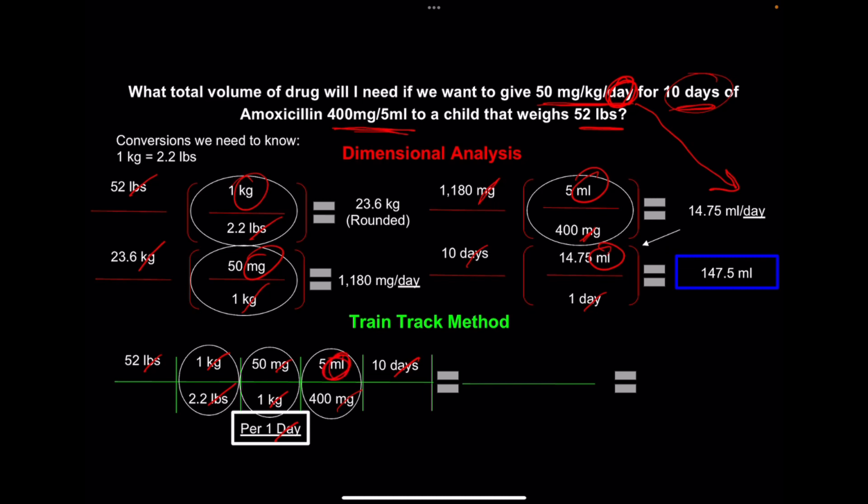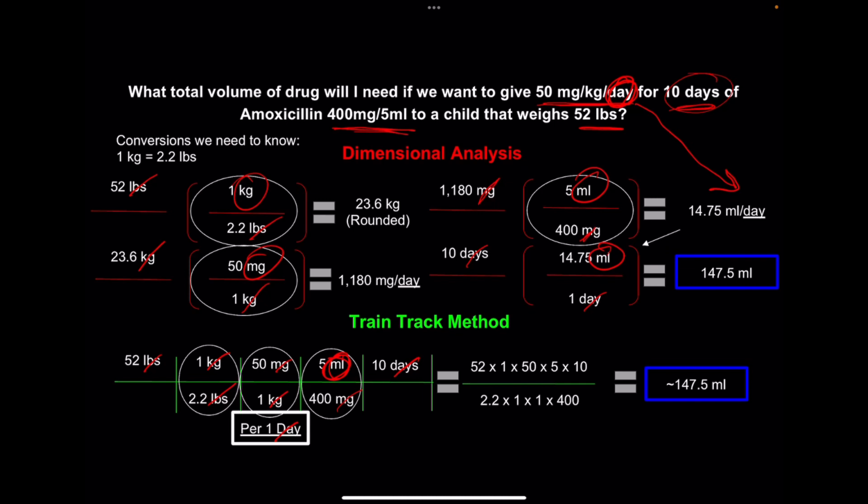We want total mLs. So in a sense, this is a big long equation: 52 times 1 times 50 times 5 times 10 divided by 2.2 times 1 times 1 day times 400 milligrams. All of our units cancel out. We are left with mLs, and that gives us a grand total of roughly about 147.5 mLs.